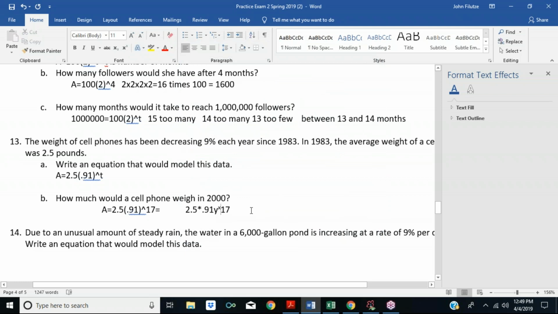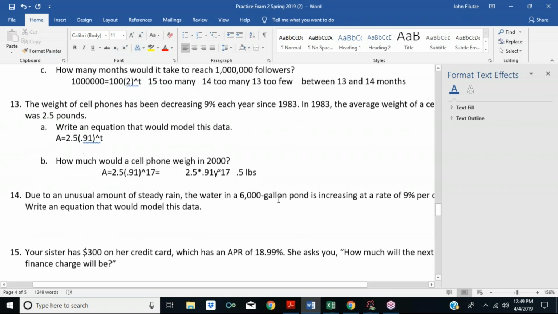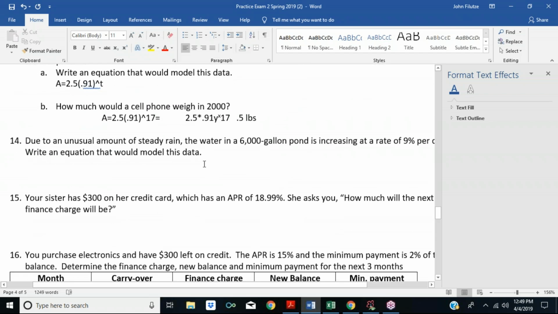So your button on your calculator looks like that, probably. Or you might have the caret button on your calculator. So one of those two. And you get 0.5 pounds, right?